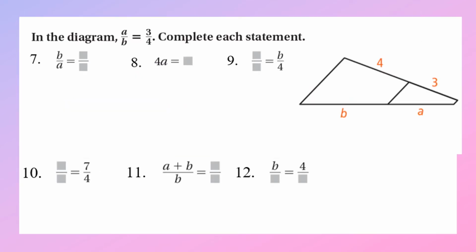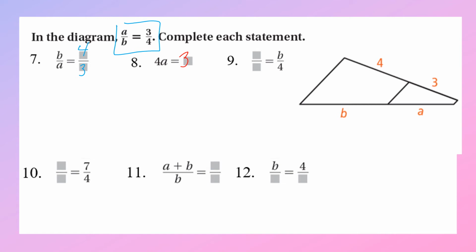Okay, so that being said, this is our initial equivalence statement. So if I have B over A, I did the reciprocal, so I need to do the reciprocal of the second fraction. 8, 4A equals, so I took my numerator in the first one, my denominator in the second one, so I need to do the same thing.